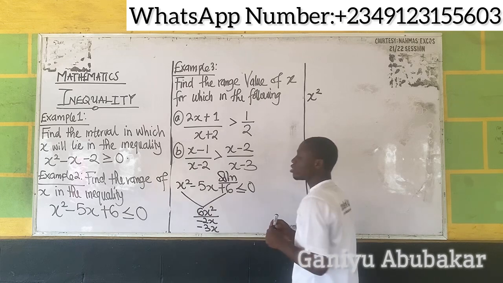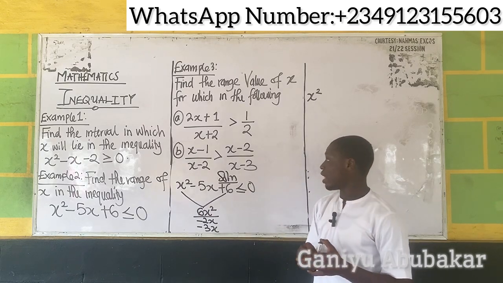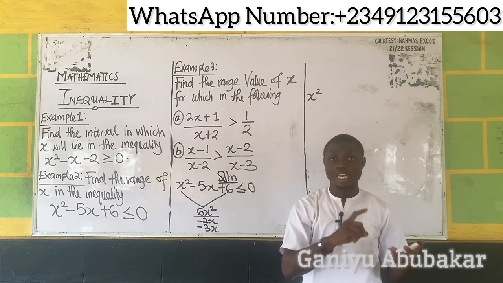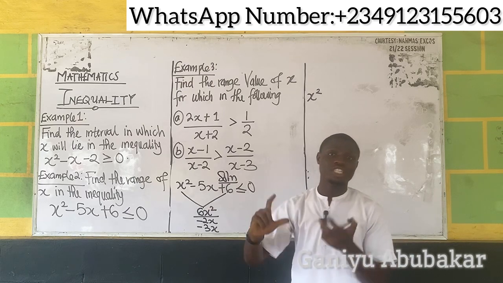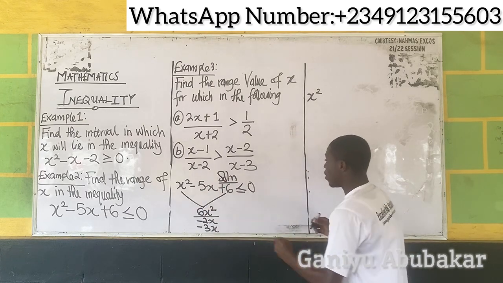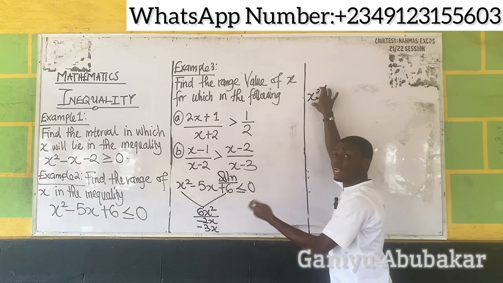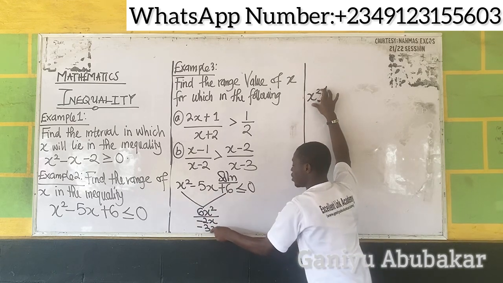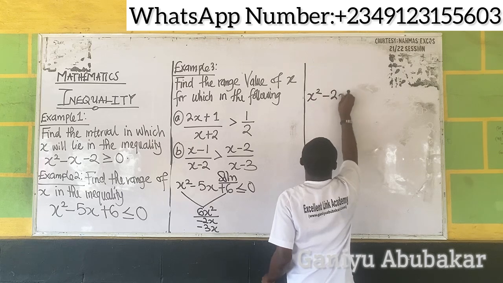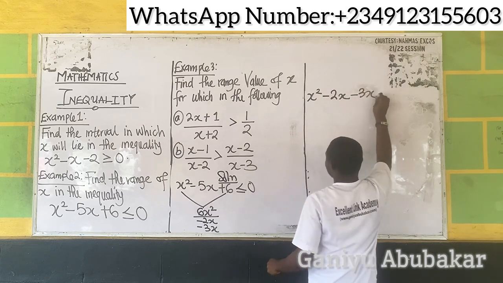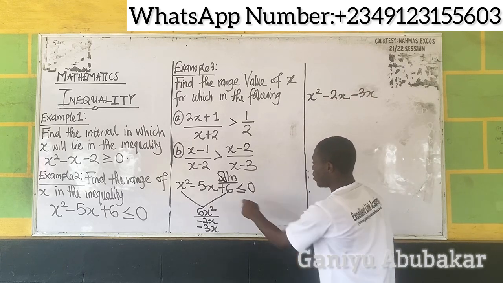In this case here, I'll have x squared. Please take time to watch our class on factorization. For me, I'll have x squared minus 5x replaced by minus 2x minus 3x. I have minus 2x minus 3x. Next term here, plus 6.